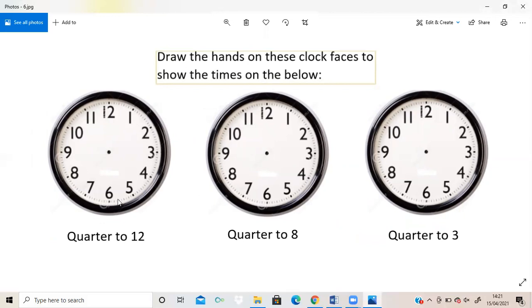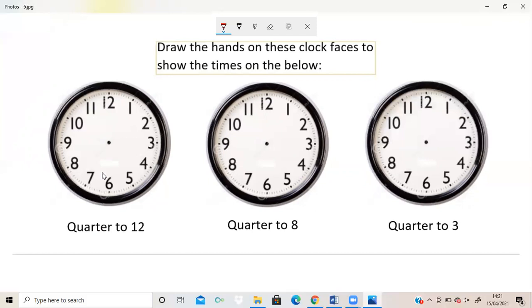So in each clock, under the clock, you can see a particular time, and our job is to draw the hands, minute hands and hour hands, exactly where they should be. Let's try. The time is 11:45, so it's very easy. Then the minute hand should point at 9, like this.